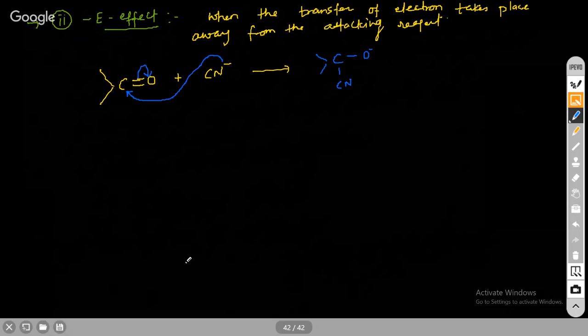That's why it is a temporary effect. In the previous example also, if you remove H plus, again you will get C double bond C. So that is the temporary nature of this effect: you remove the attacking reagent, you get the original compound as it is. Is it clear?